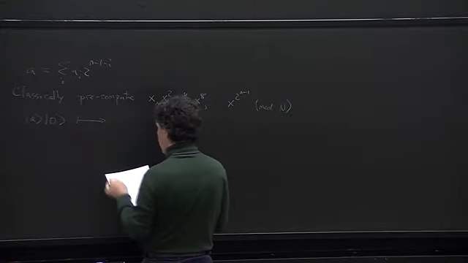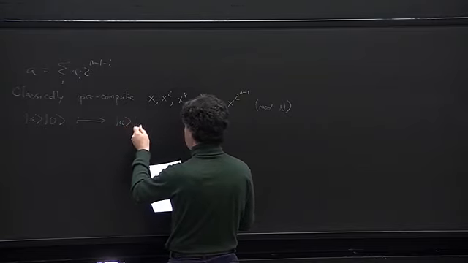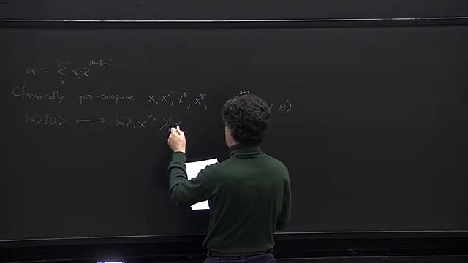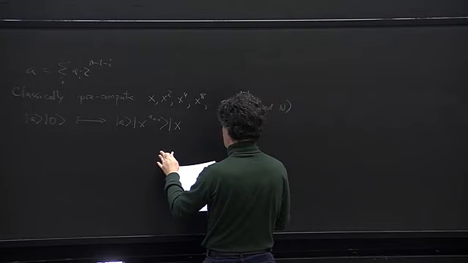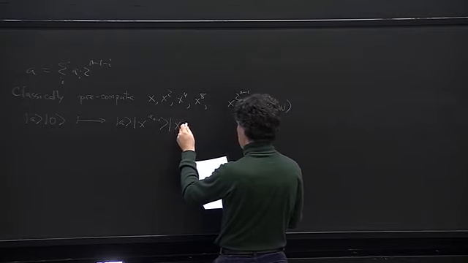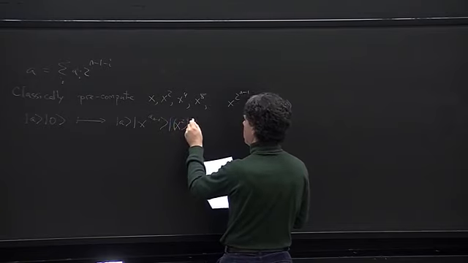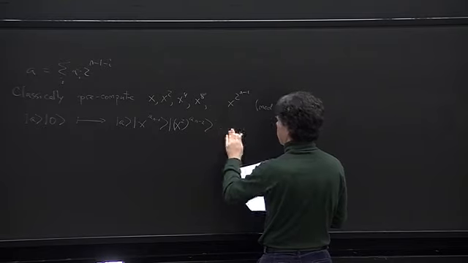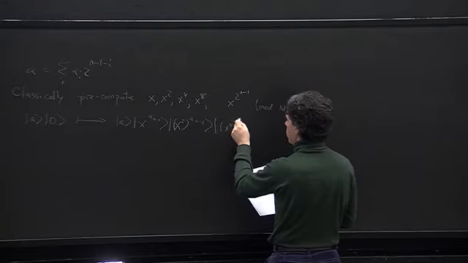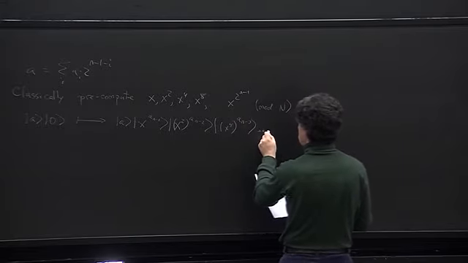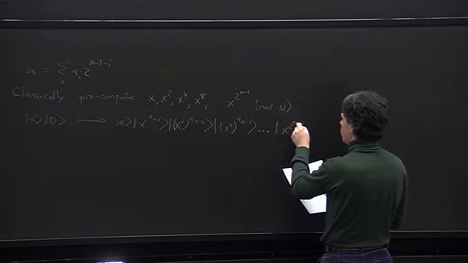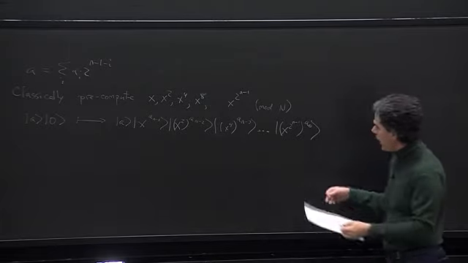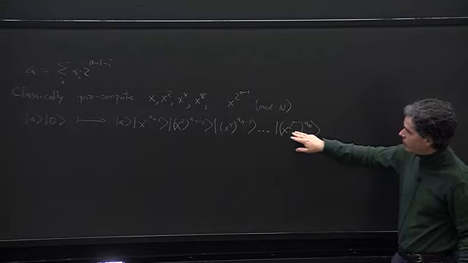And we map that to a, x to the a_{n-1}, then x squared to the a_{n-2}, and then the next one, x to the fourth to the a_{n-3}, dot, dot, dot, x to the 2 to the n minus 1 to the a_0. Okay? And so these numbers are just these things.